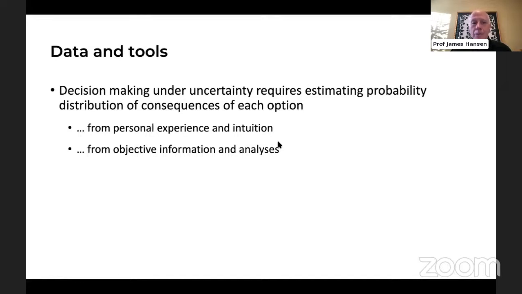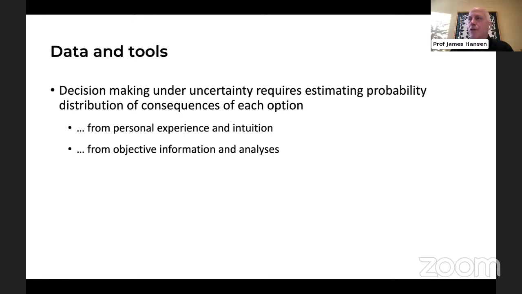Now, often, perhaps most often, this is based on subjective personal experience, intuition. But personal experience and personal intuition are sometimes prone to errors. It can also be done from objective information and objective analyses.